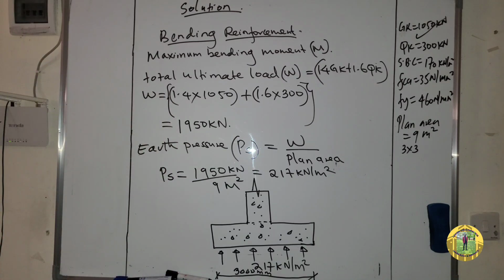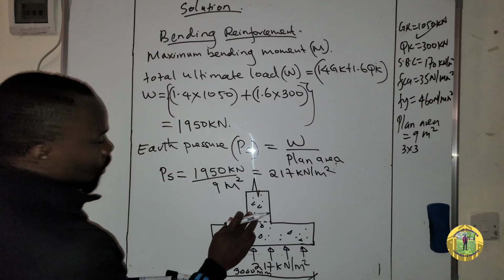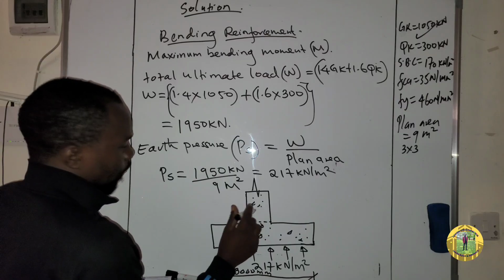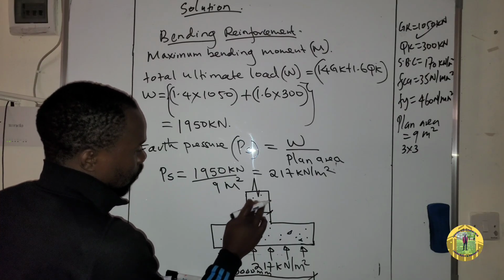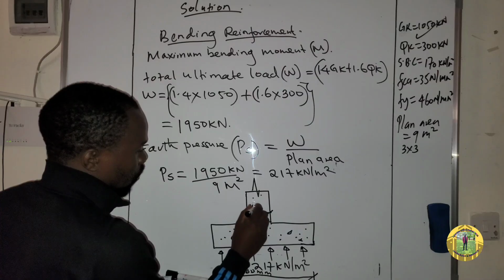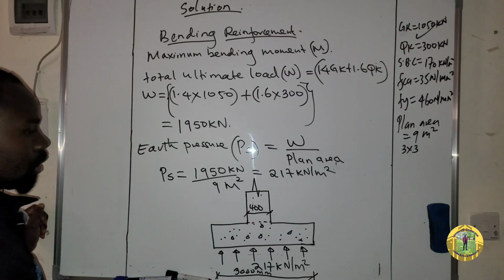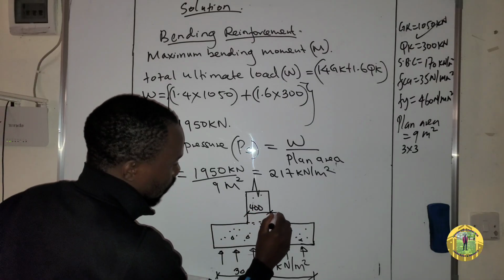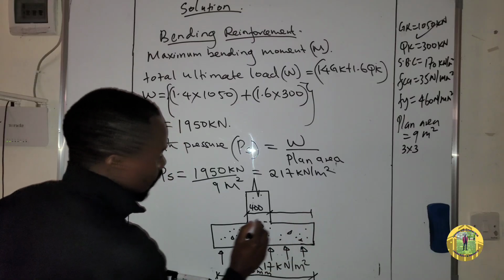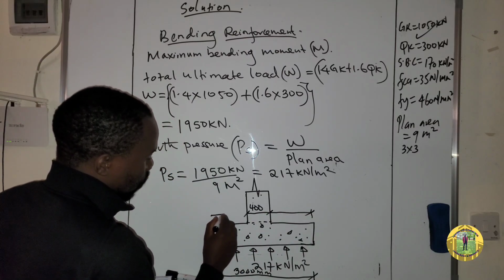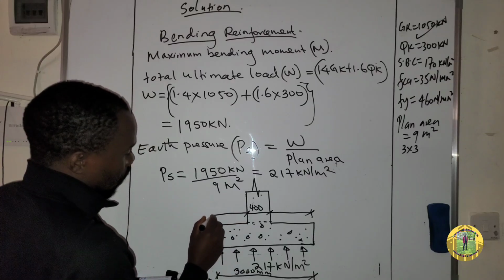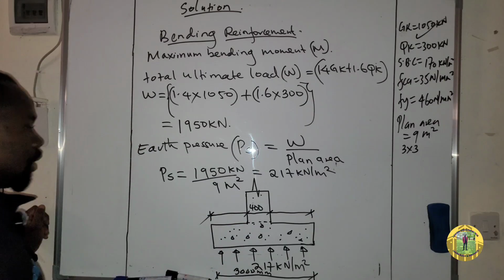So it means if we can assume our column is 400 millimeter, then you can also calculate this distance and also this distance.